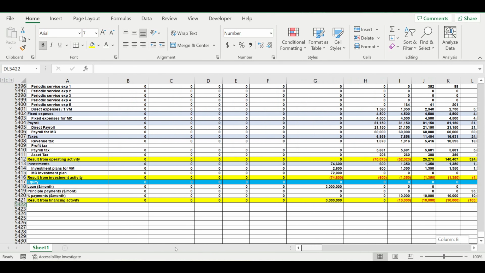Now we calculate the cash balance at the beginning of the period.